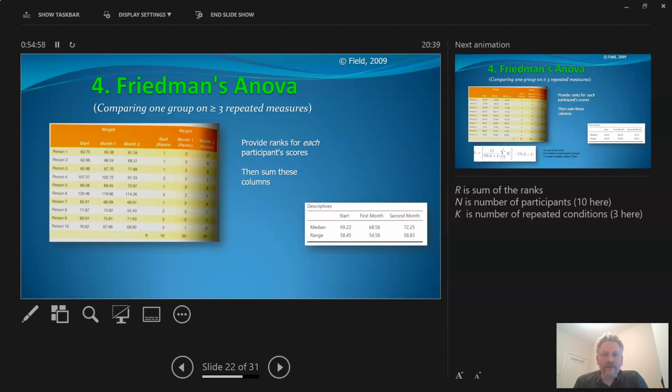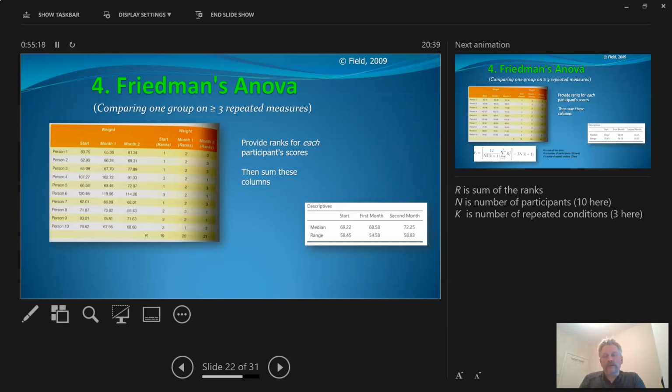So rather than do that, what we can do is what's known as an omnibus test. And whether we've got 2, 3, 4, 5, 6, or hundreds of different conditions, it is possible to test all of those in one go.